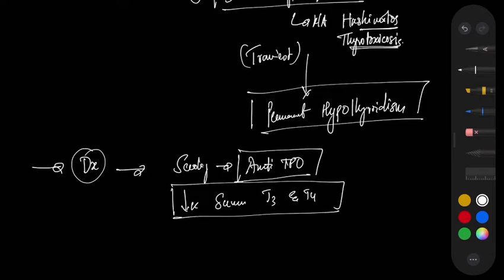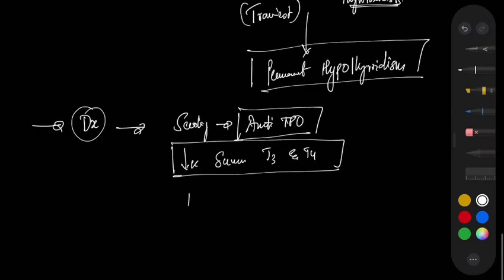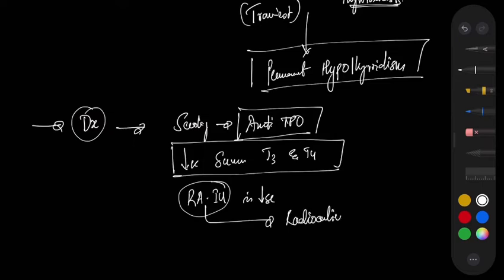We know this because of the permanent hypothyroid state, and also RAIU is decreased. What is this RAIU? This is your radioactive iodine uptake. So this is also decreased.